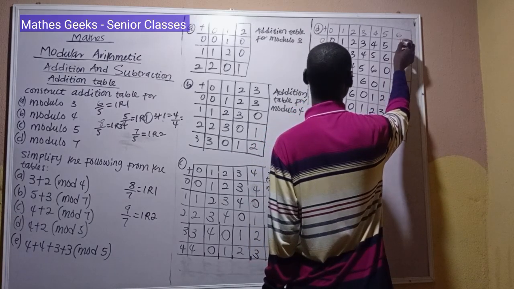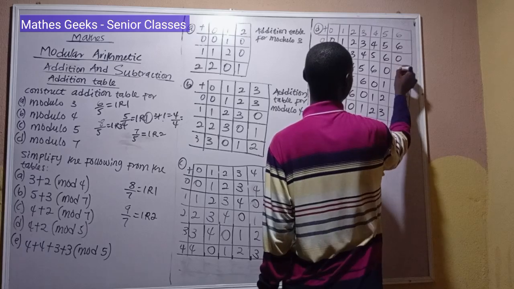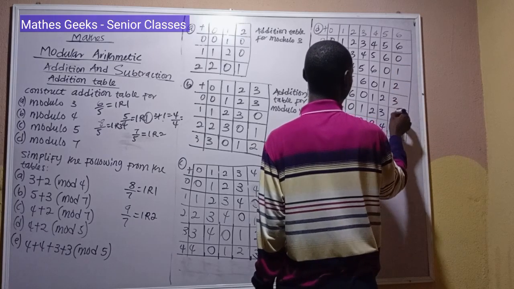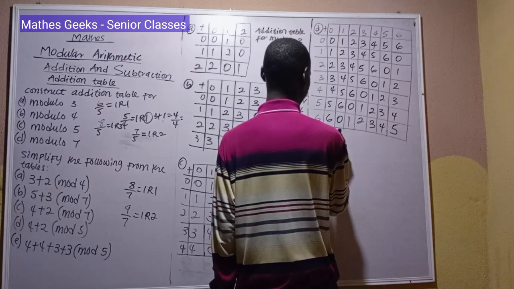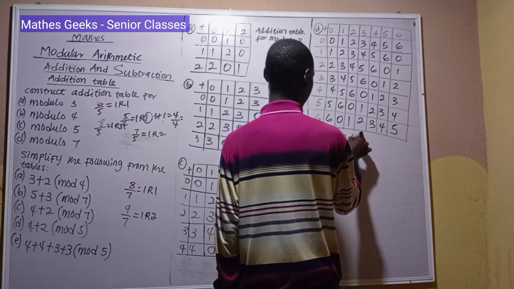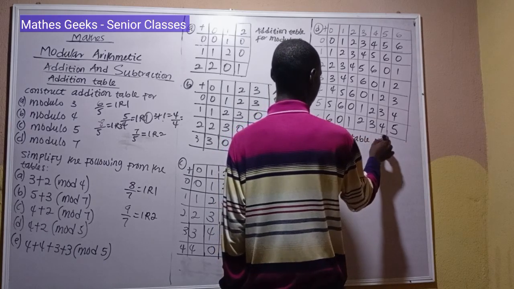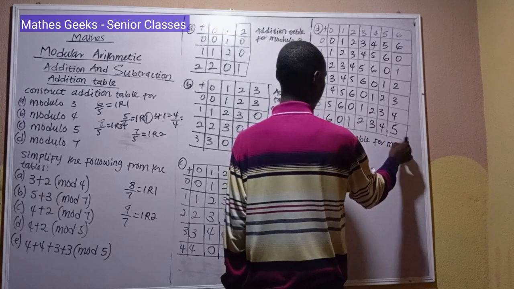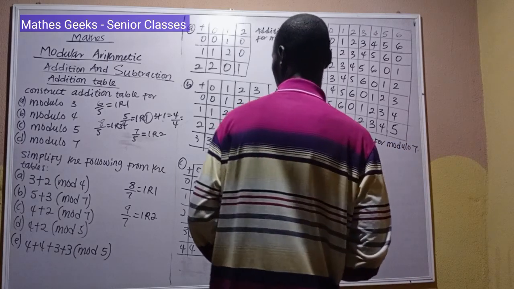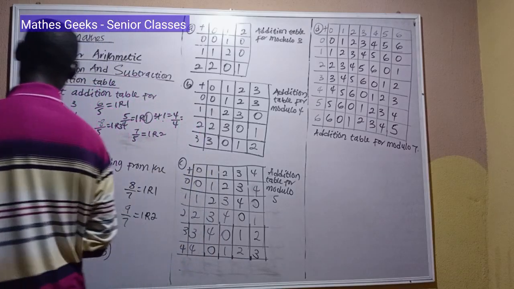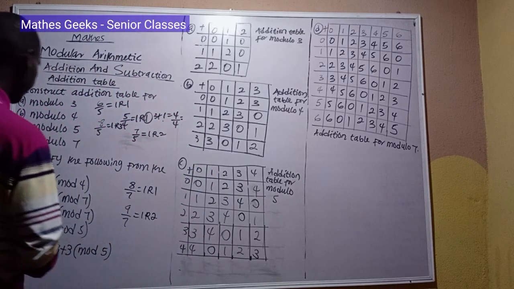And here will be 6, 0, 1, 2, 3, 4, 5. This is the addition table for modulo 7.